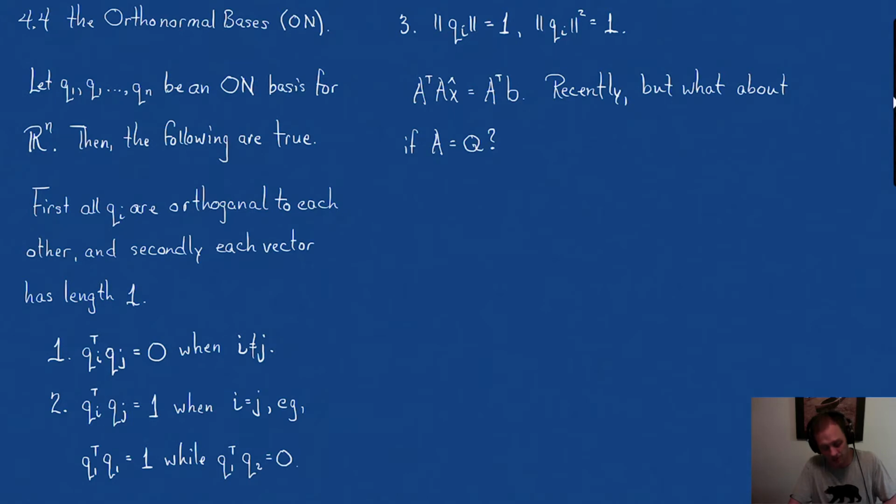Well, let's see what happens. This just gets written as Q transpose Q x hat equals Q transposed times B. All right, let's take a look at what Q transpose Q gives us.